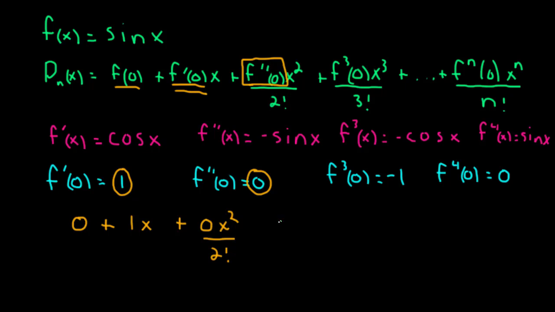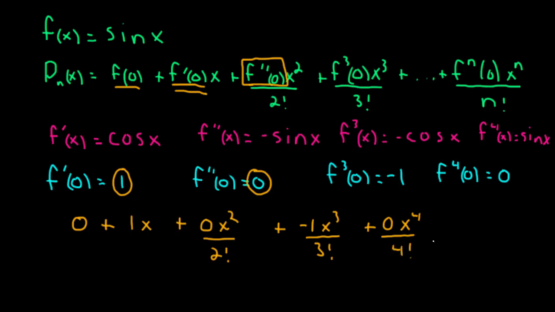You can see that that's going to wipe that term out. Now, the third term is going to be the third derivative evaluated at 0, which is negative 1. So plus negative 1 times x cubed over 3 factorial. And then finally, the fourth derivative evaluated at 0 is 0. So you can see that that fourth degree term is going to get wiped out as well.